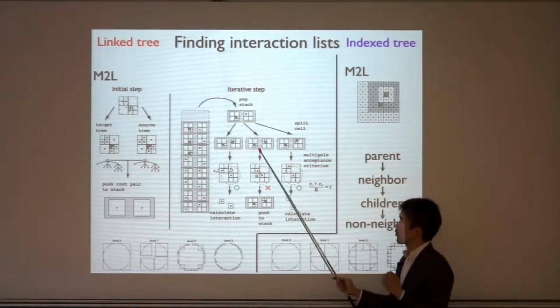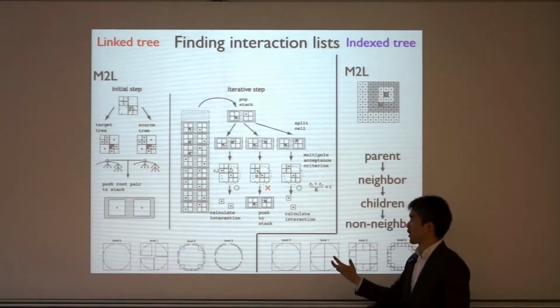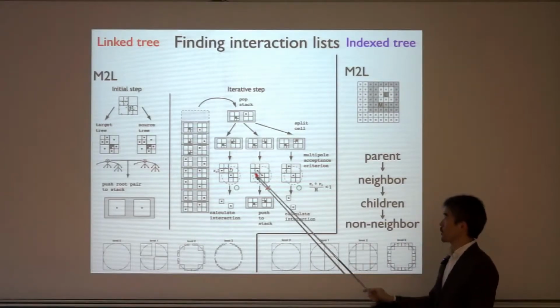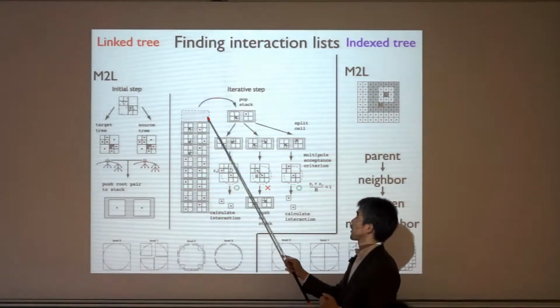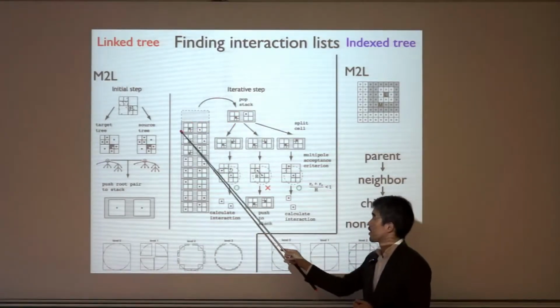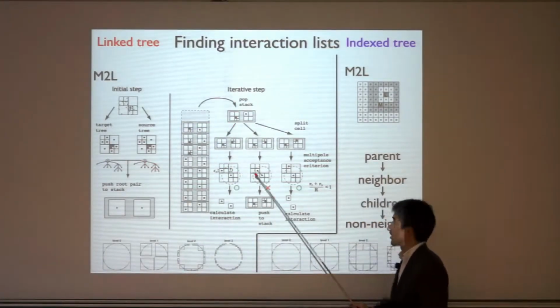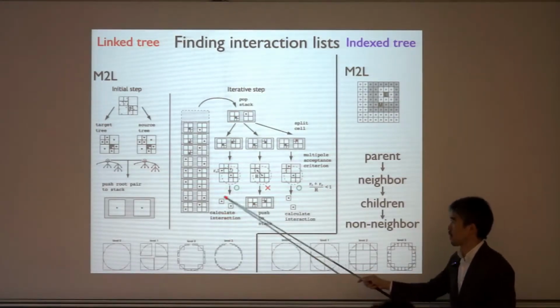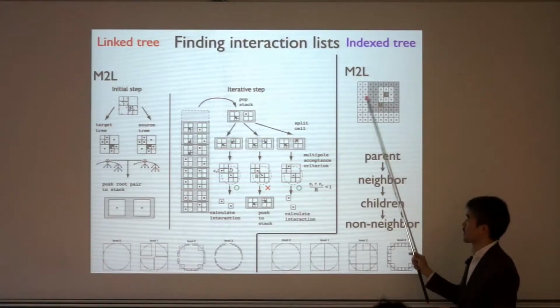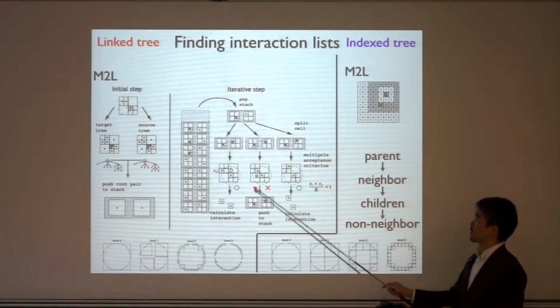But this one is more common in computer science: pushing and popping the pair of cells and having this conditional for calculating or satisfying the criteria. If it doesn't satisfy, you leave it to the next round.